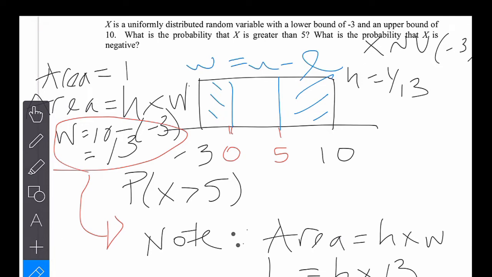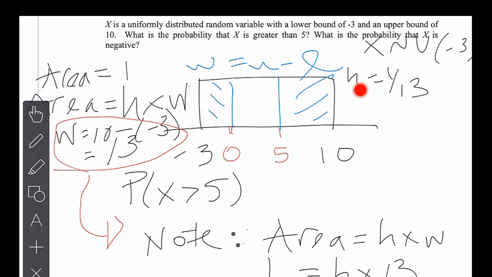So what's the answer to this one here? What would be the answer of this area?